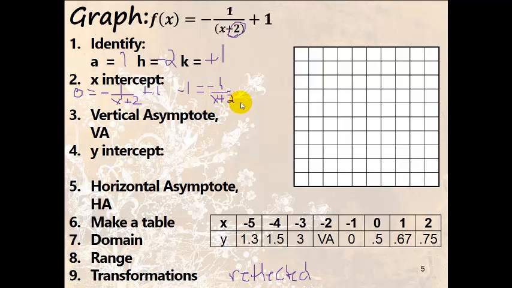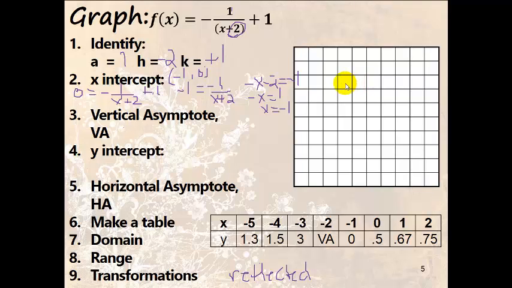I'm going to multiply both sides by x plus 2. So I get -x minus 2 is equal to -1. Negative x is equal to 1, x is equal to negative 1. So my x-intercept is negative 1, 0.